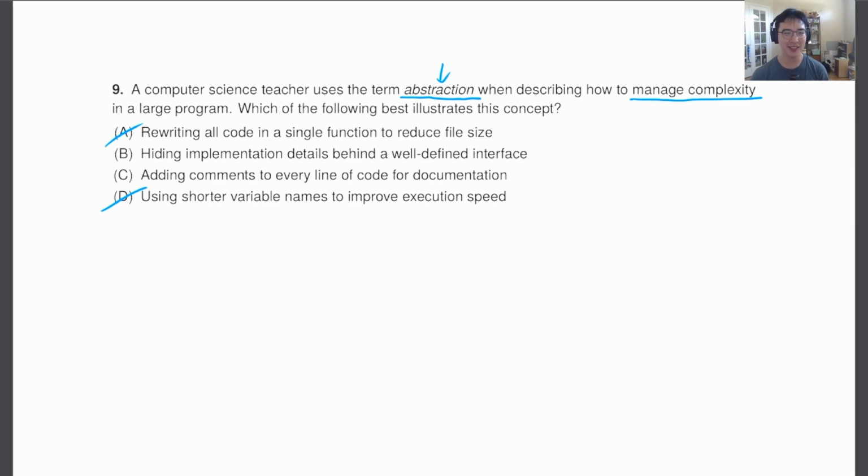I don't know the internal combustion temperature of the engine. I don't know the speed of the pistons. I don't know horsepower. I don't know any of that. But even despite that, I can still drive a car. Isn't that crazy? Imagine having to know how everything works in a car so that you could drive it. So all of that stuff is abstracted away from you.